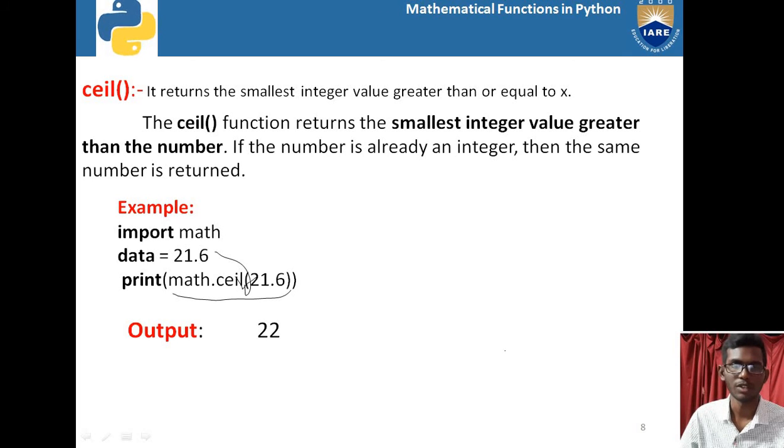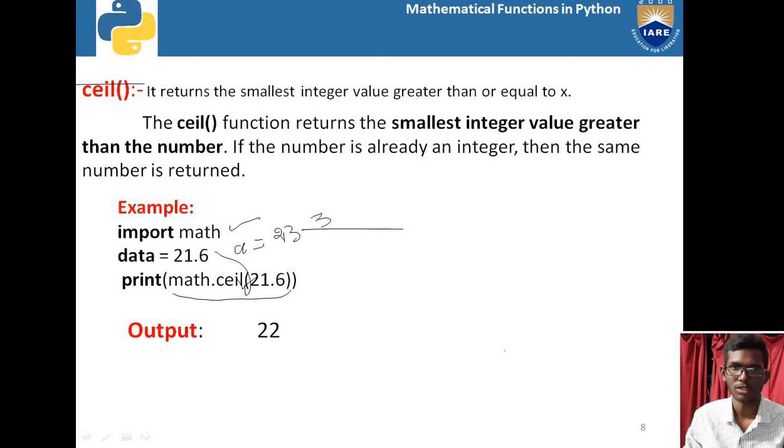So data is a variable. We are assigning 21.6 to the variable data. We can give any variable in that place. It need not always be data. We can take any variable for the values. Okay, now we take another example. We first write import math as this. Now we take another variable a equal to 23.3.